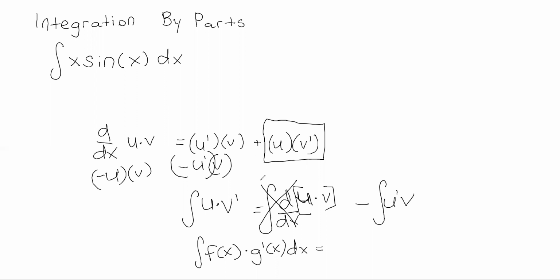So we no longer have a derivative, and this term no longer even has an integral. We're just left with u times v. Or in this case, I replaced u with f of x and v would be g of x. And then this one is just going to be the integral of f prime of x times g of x.